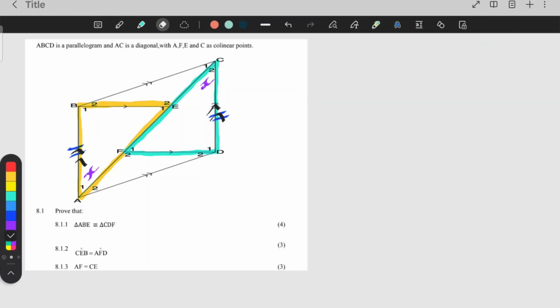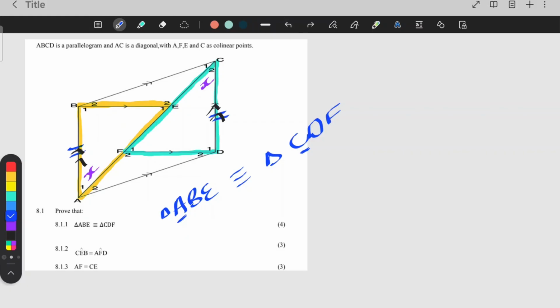Now, grade 10, remember, if triangles are congruent, the corresponding angles are all the same, eh? So, if triangle ABE is congruent with triangle CDF, then angle A is equal to angle C. So, do you see the A is equal to C?